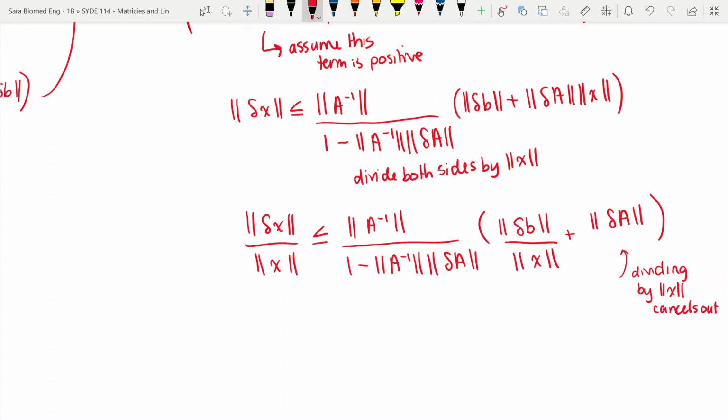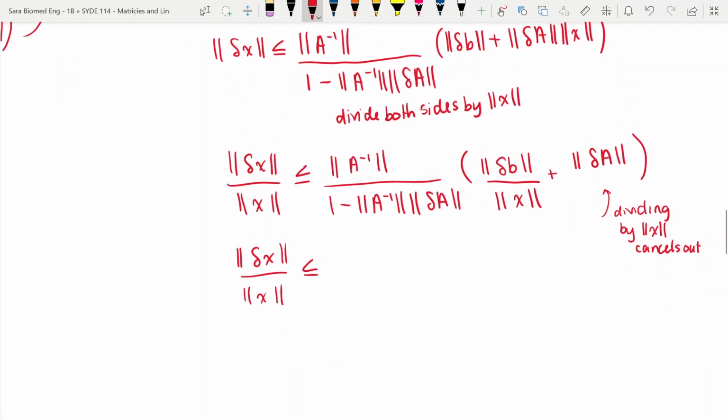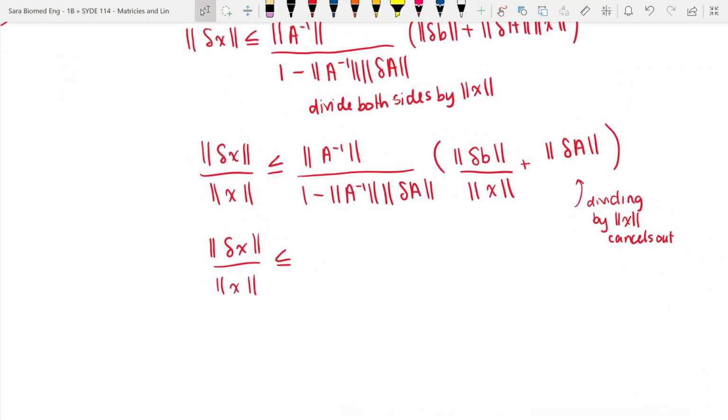So it's going to be norm of A inverse times norm of A. And what's left here will be the same: A inverse times delta A.